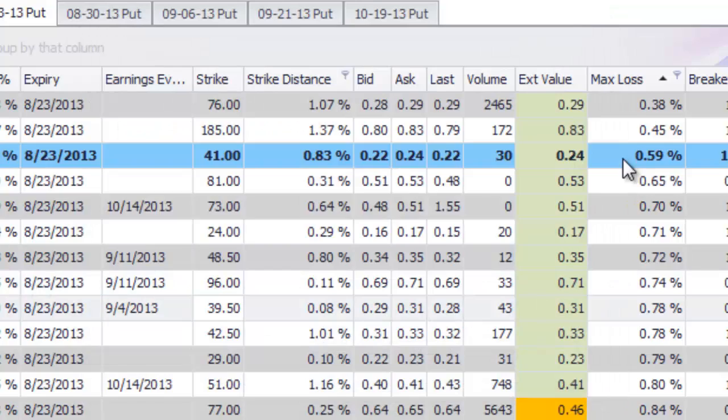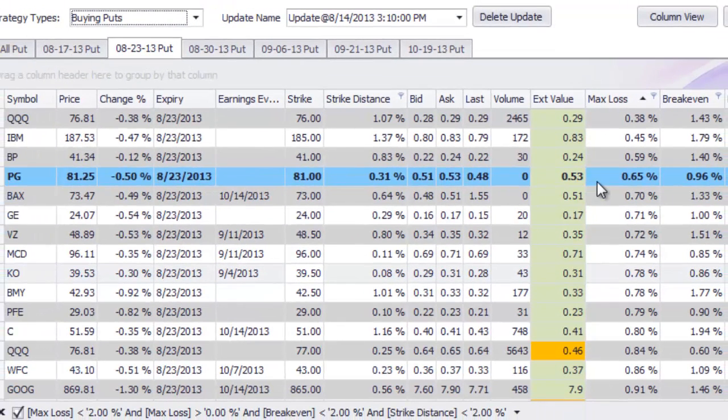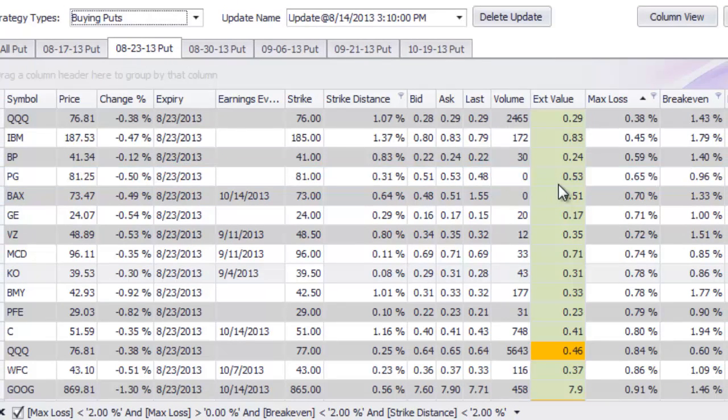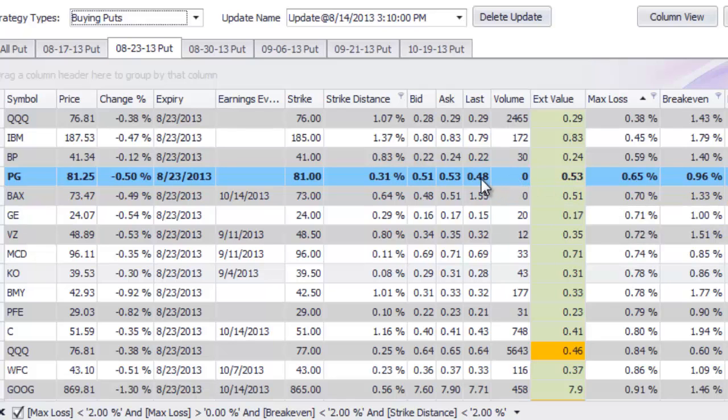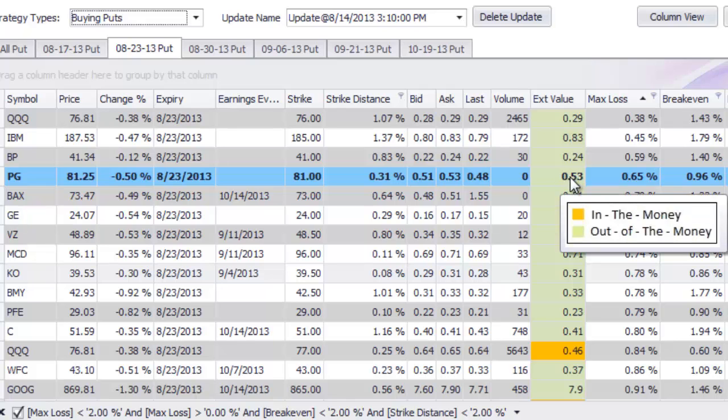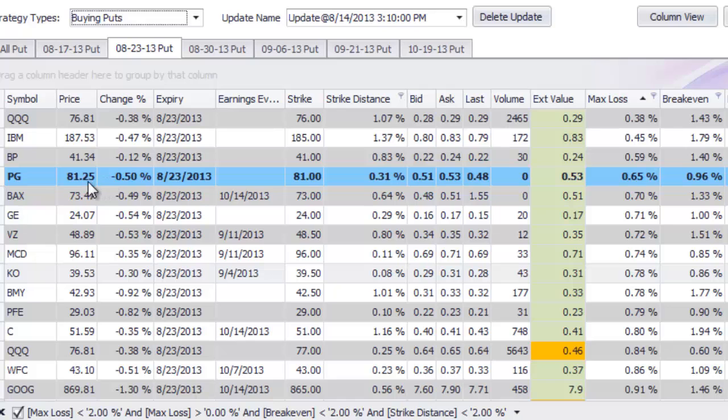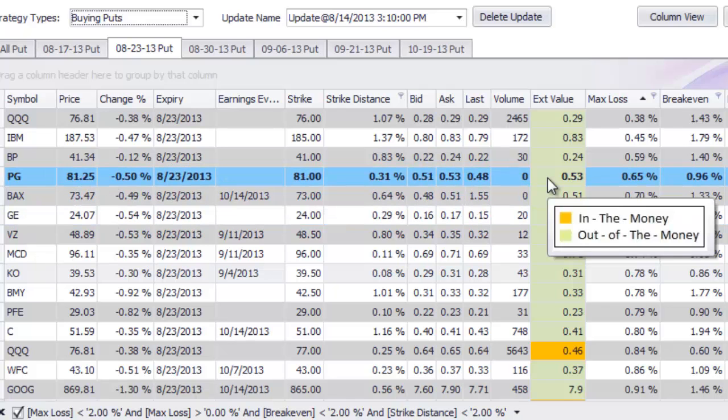So that's what I've done, and we're looking at PG. Now what this means is I can buy the PG put. The last was 48. It shows it based on the ask, and that's what we're going to be using when we buy. The last at 48 might be a little closer to the actual price. But nonetheless, if I buy PG for 53 and PG moves to 81 tomorrow, I'm likely going to make money on this, and it doesn't take a very big move.